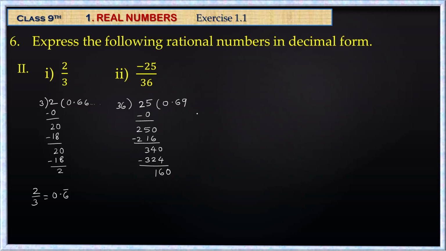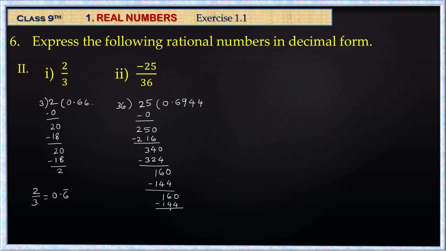Now we can take 36 4s. 36 4s are 144. And here we are getting 10 minus 4 is 6. 5 minus 4 is 1. And again we are getting 16. It will become 160. So again take 36 4s, 144.